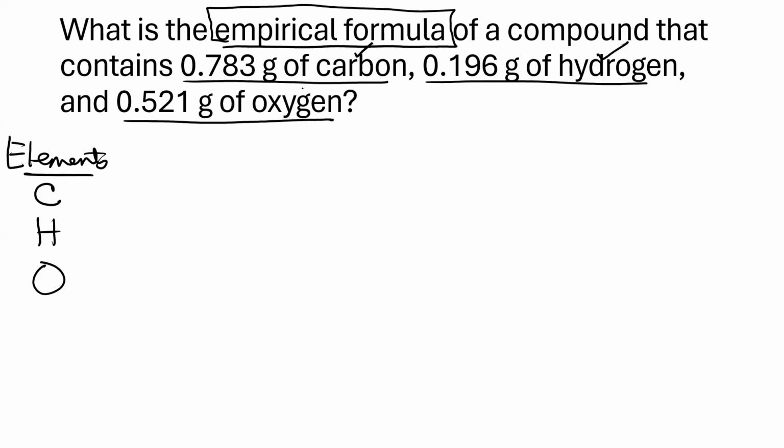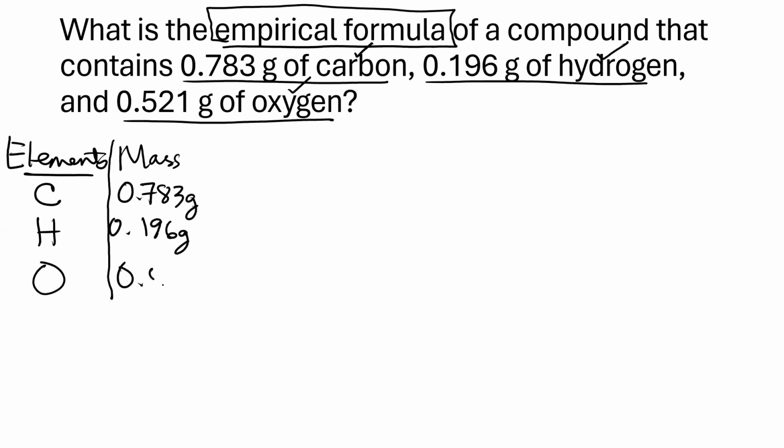Carbon, hydrogen, and oxygen. In the next column, we'll write the masses of these elements. Based on the given, carbon is 0.783 grams, hydrogen is 0.196 grams, and oxygen is 0.521 grams, right?